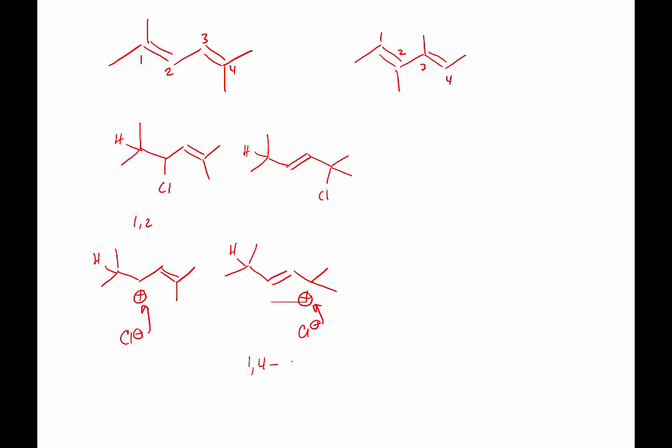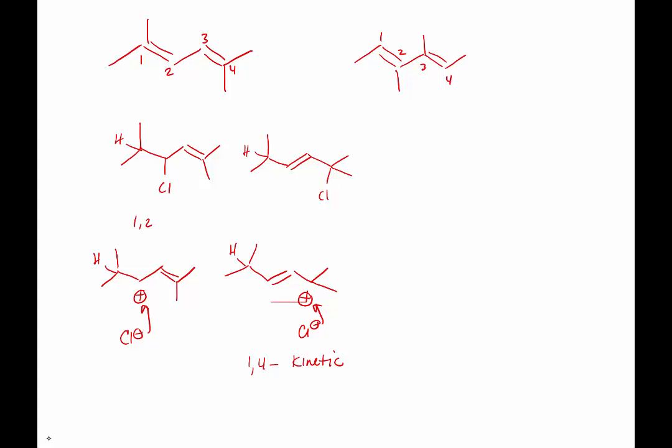So 1,4 would be kinetic in this case, because it's coming from a tertiary carbocation, and the 1,2 product is coming from a secondary. So what's the thermodynamic product? It's going to be the 1,2, right?